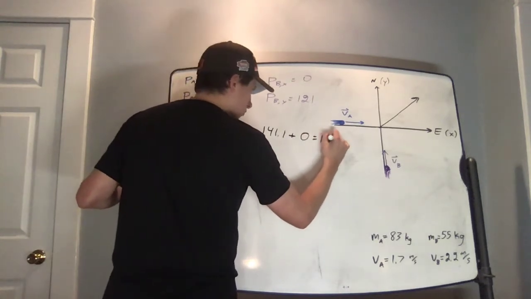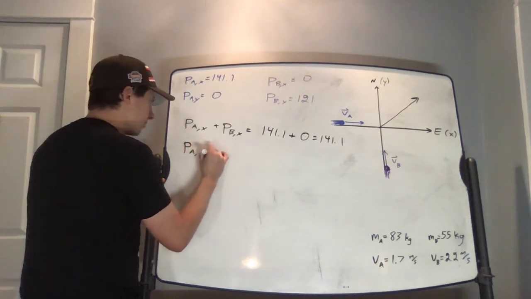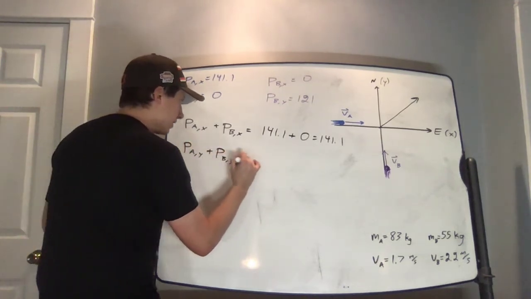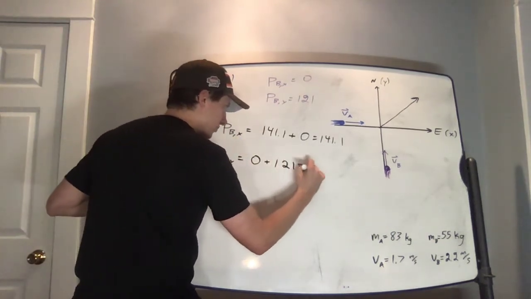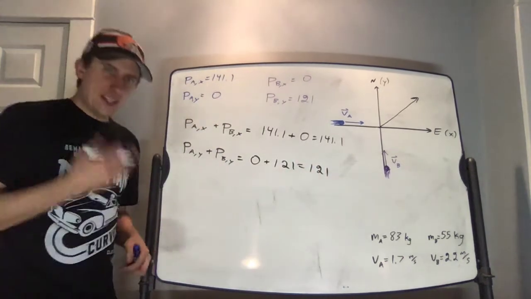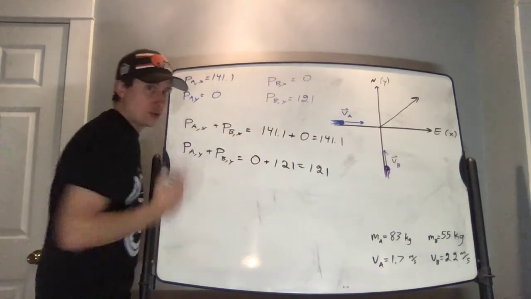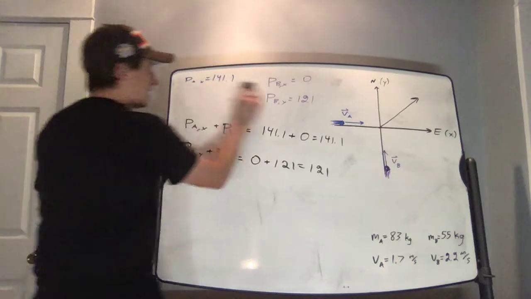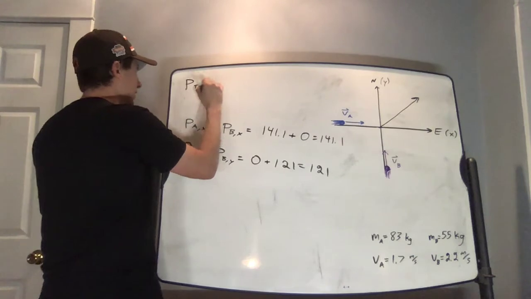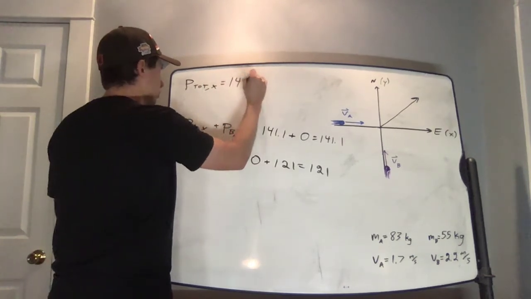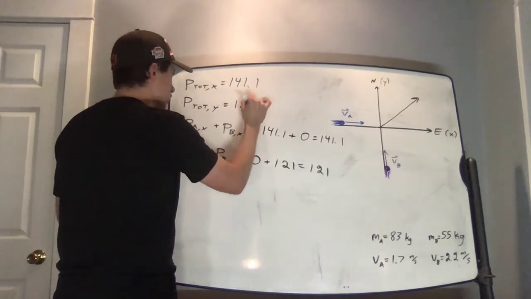And when I add those, I get 141.1, and PAY plus PBY gives me 0 plus 121, which gives me 121. This is the total momentum in the x direction, and this is the total momentum in the y direction. So I could say that P total in the x direction is 141.1, and P total in the y direction will be 121.